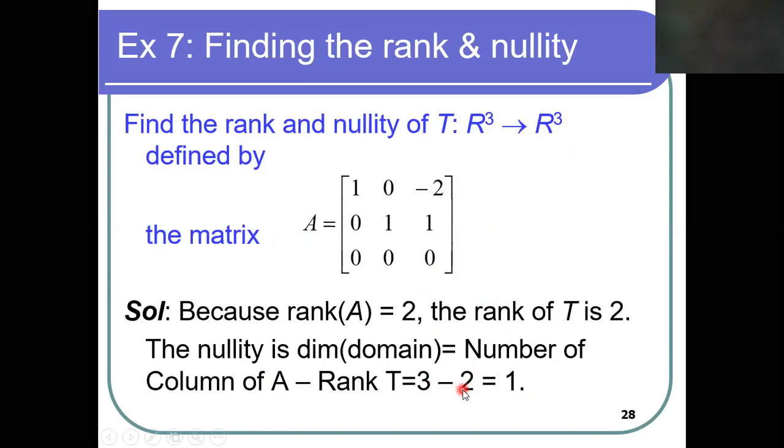So 3 minus 2, the rank of the transformation, gives 2. So the nullity of the transformation is 1.